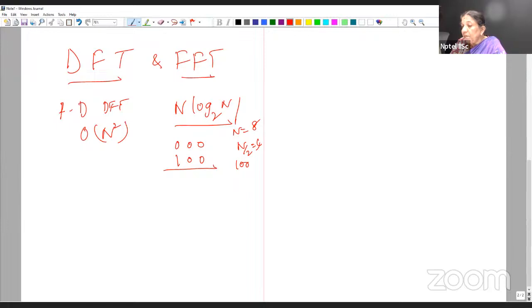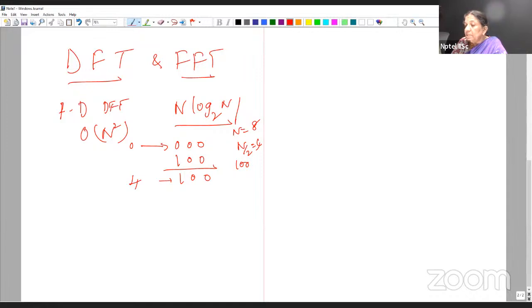Usually we add from right to left, whereas in the bit reversal address generation, we add from left to right. So the first address is 0 0 0, where your 0 value is going to be stored, and then this is your 4 basically.